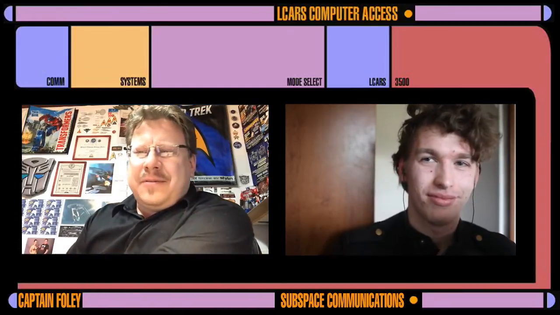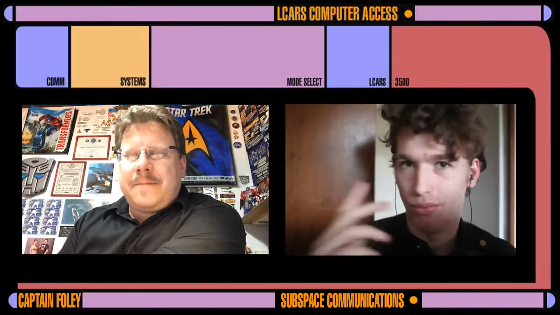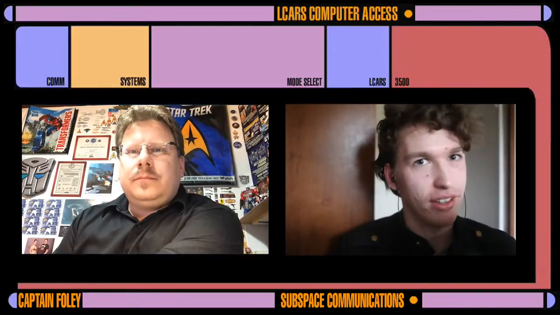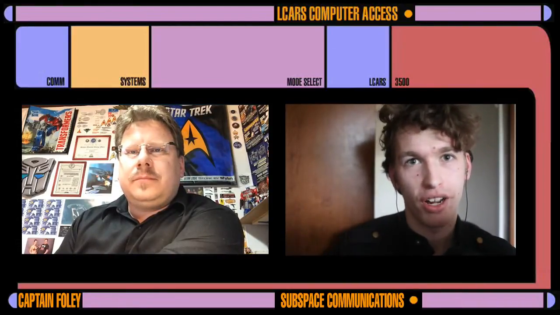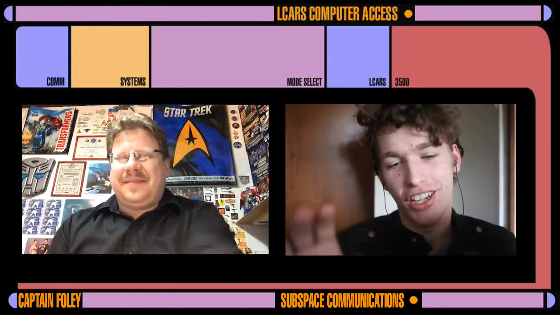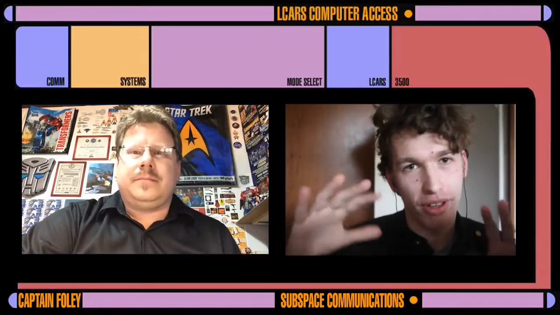So what gave you the idea to do that one that way? Well, you mentioned in a previous video that you love TOS, so I thought I'd put something together with the Enterprise, and I thought if I put your name in it, then when it reveals the name, you'll be like, Captain Foley, and that'll be a nice moment. With these sorts of animations, the camera is really important, and how to make it flow naturally.